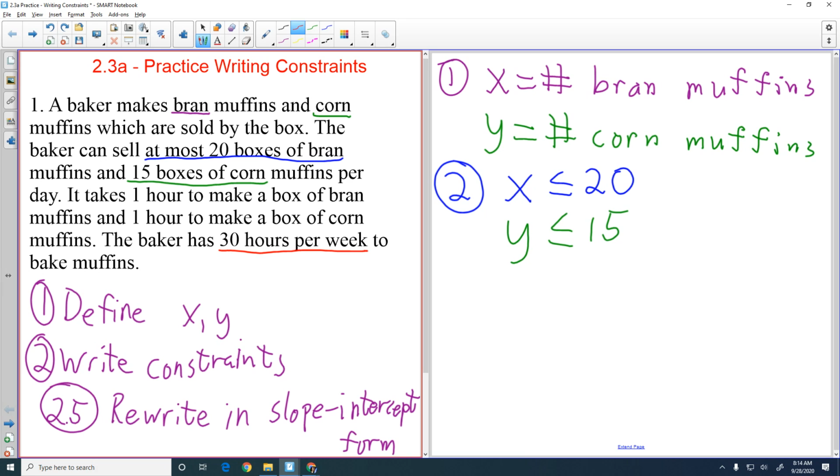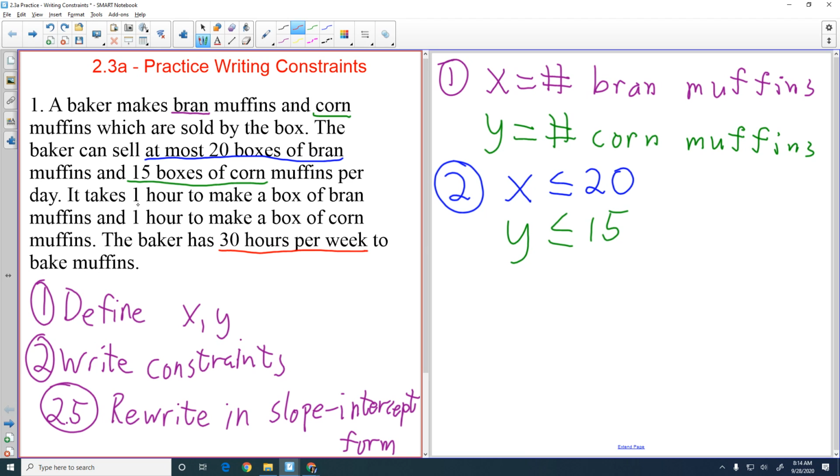All right. It takes 1 hour to make each of them, and he's got a total of 30 hours. Those 30 hours he can use however he sees fit. He can use some of the 30 hours for the bran muffins, some for the corn muffins. We don't know exactly how many hours for each. But what we do know is when you add the hours together for both the bran muffins and the corn muffins, we're going to compare it to that 30 hours he has altogether.